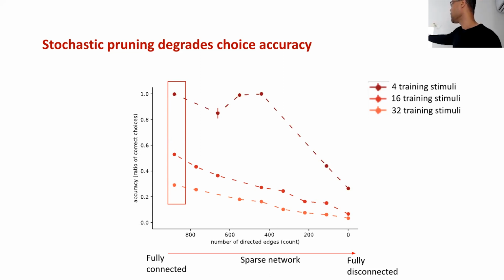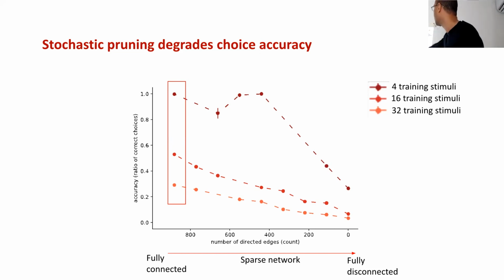This is very well known. The memory load is too high compared to the network storage capacity. It crashes, but still has above chance accuracy. Now, what happens when I increase the sparsity of the network: initially the first point is 900 edges, which is fully connected. All the edges are there. 0 is no edges, completely disconnected.